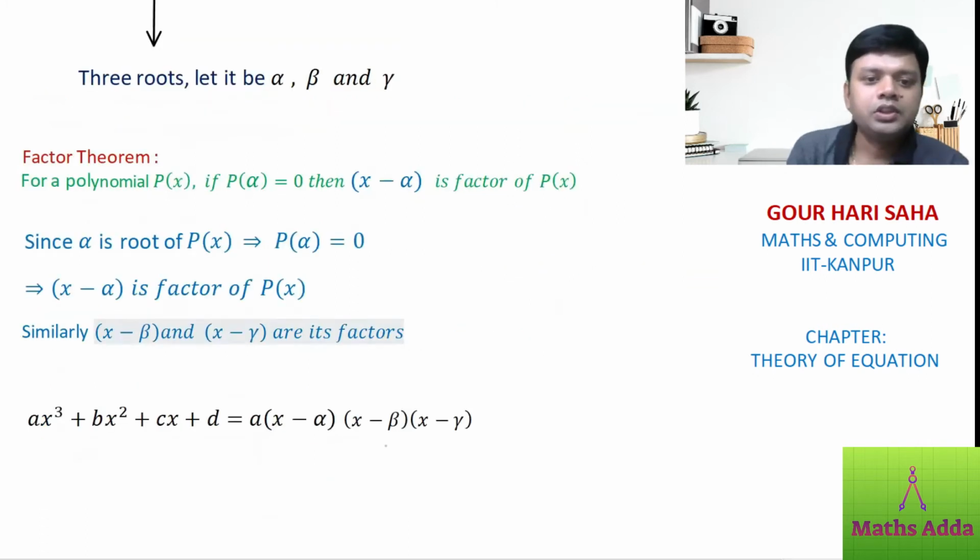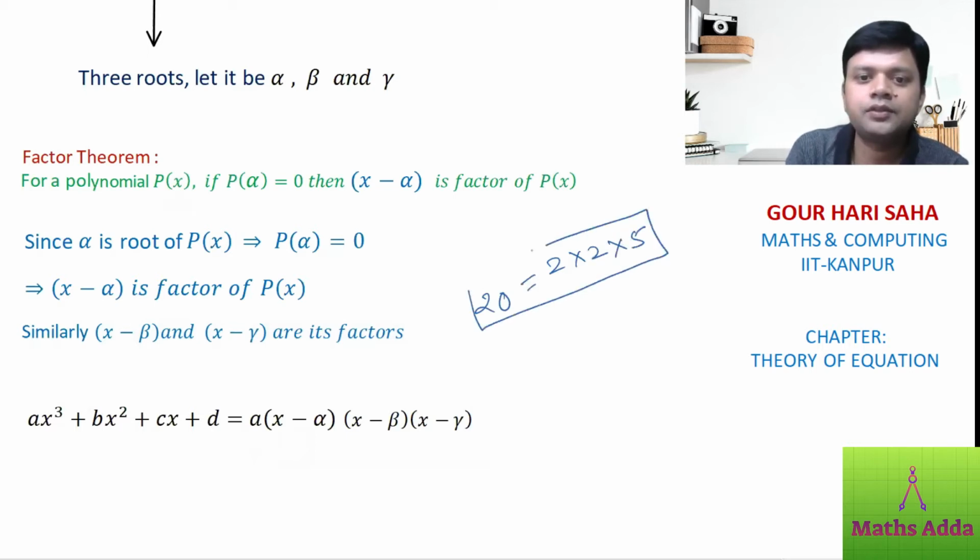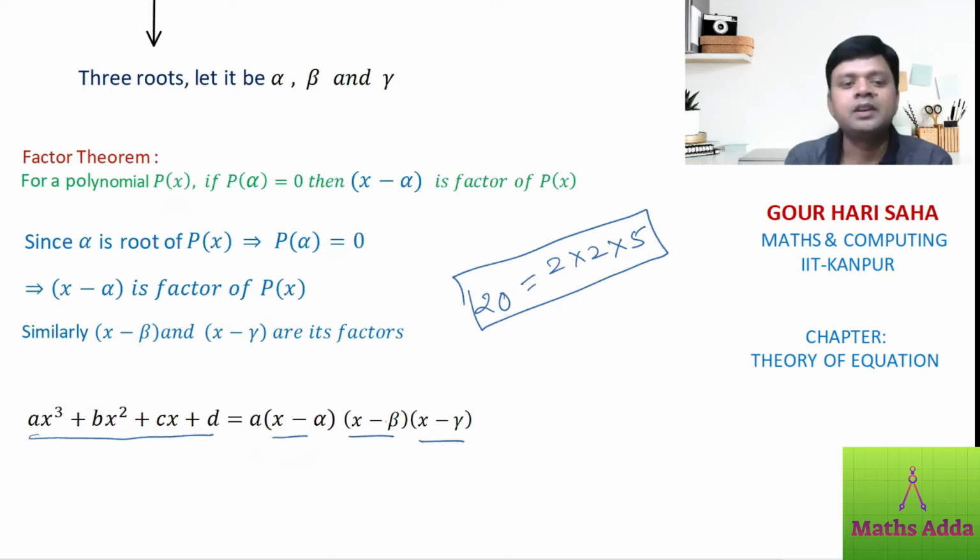Since we got 3 factors, we can write it like this. See, if we take 20 and factorize it, it is 2 into 2 into 5. Factorize means if you write all the factors, you can get the number back. Similarly, if I factorize this into x minus alpha into x minus beta into x minus gamma and multiply them, I get it back.